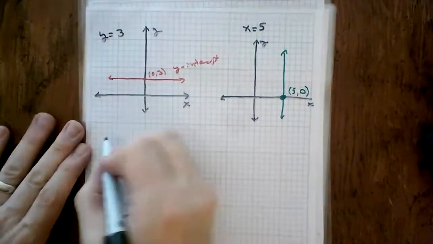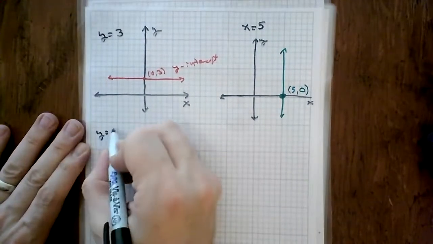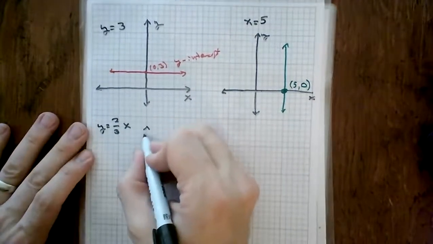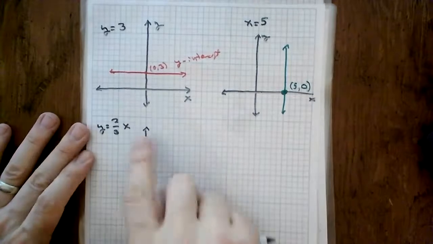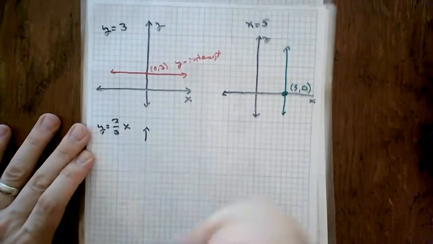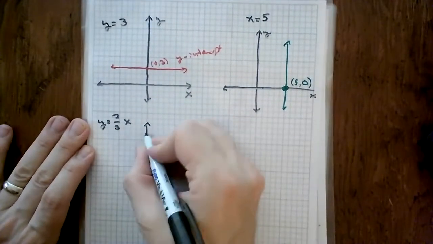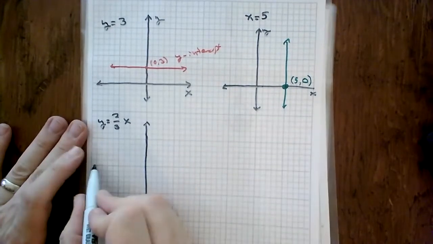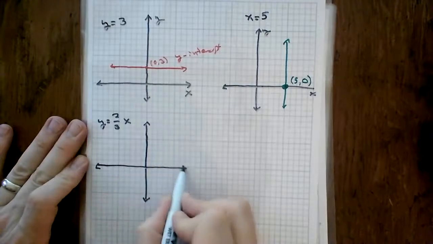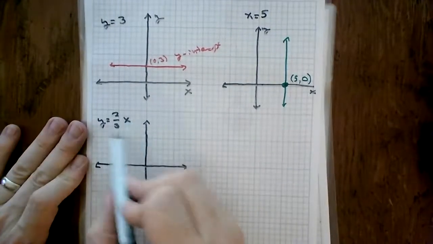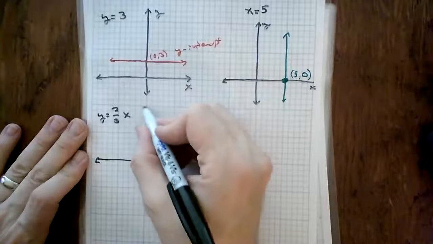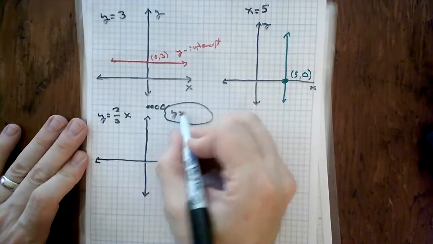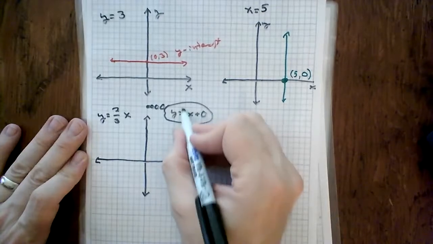Only this time I'm going to do something like y is equal to 2/3 x. Now here, my axis wasn't completely straight, so I'm going to redraw that really quick. Now here, I want you to note that this is still our slope-intercept form. We could still think of this as y is equal to 2/3 x plus 0.